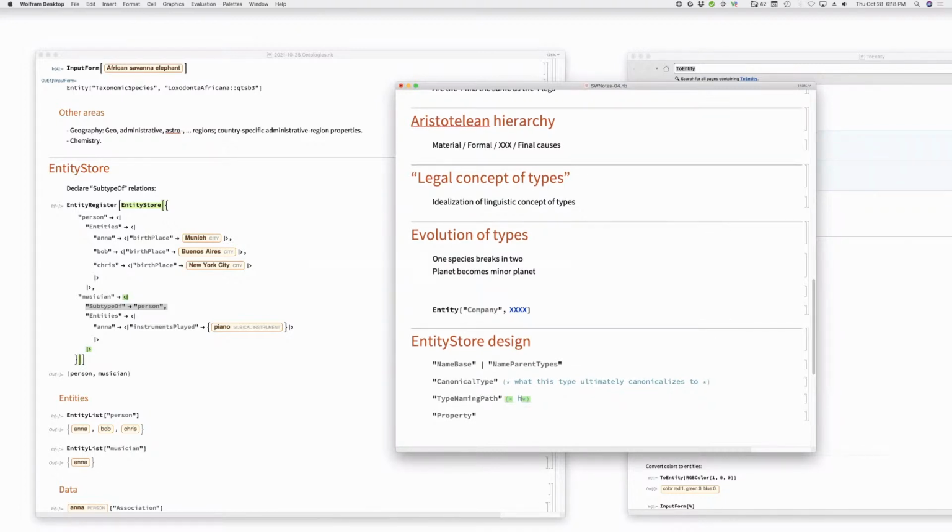How you get up to a higher named type, because it could be like DNS or something. In other words, eventually you get to the .com domain, so to speak, but you could be your type naming path.